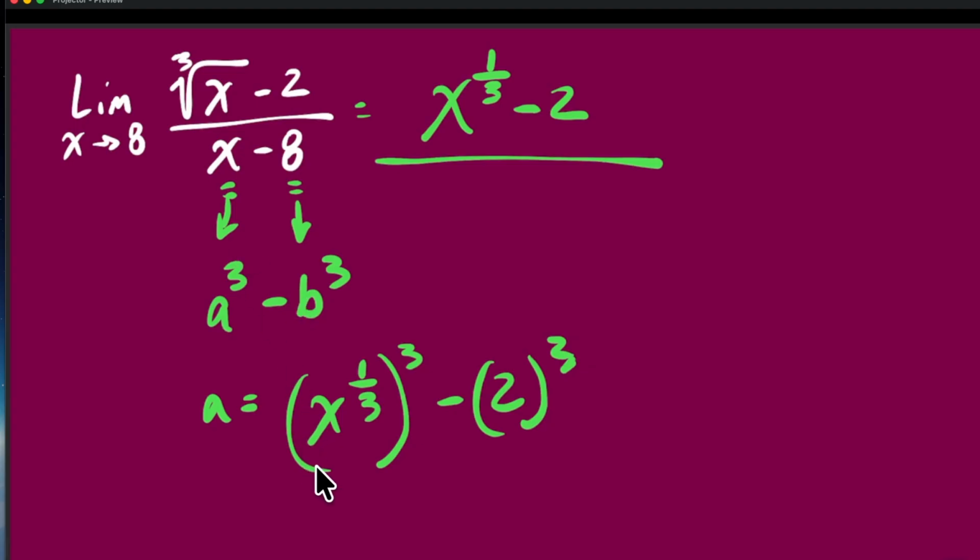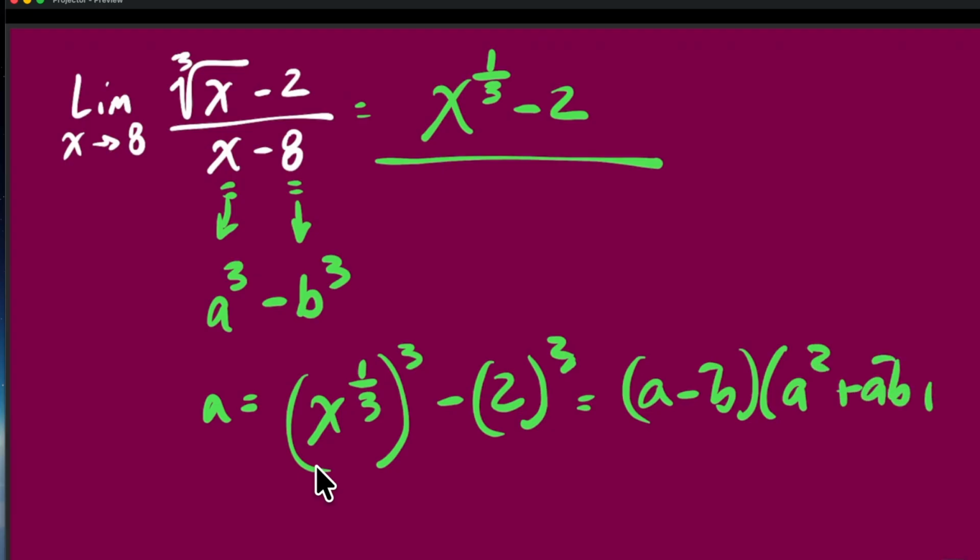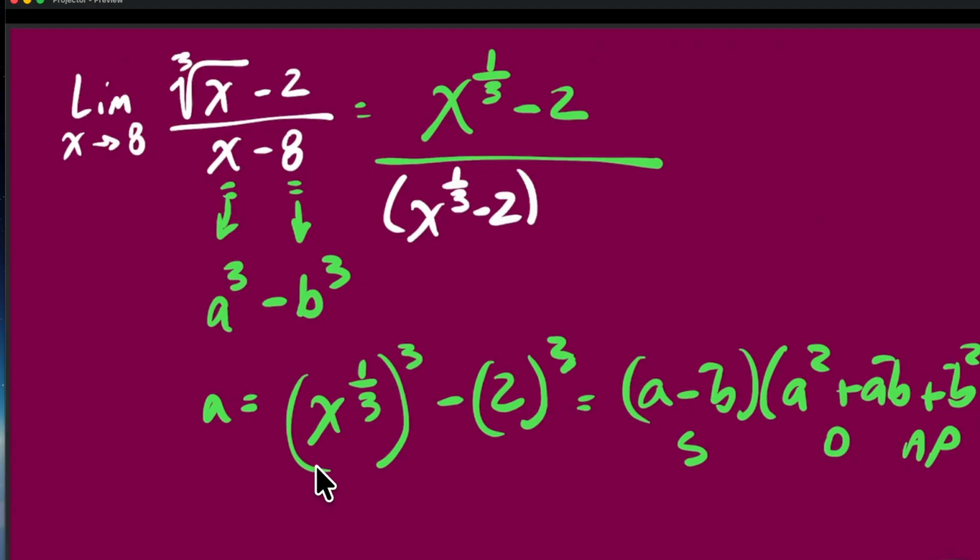Okay, so what we're going to do here is change this to (a minus b) times (a squared plus ab plus b squared). Same, opposite, always positive, SOAP. Okay, so let's do a minus b. That's going to be x to the 1/3 minus 2. And already we're smiling because we see that in the numerator. Okay, a squared is going to be x to the 1/3 raised to the second power.